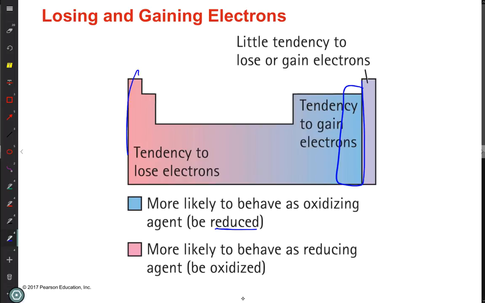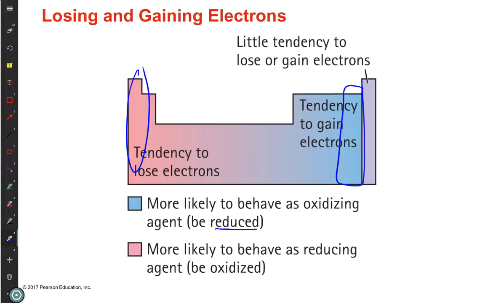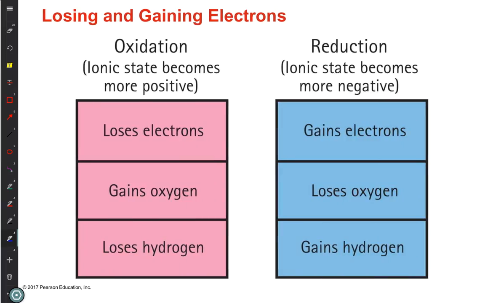The ones over here, they're happy to have a complete shell plus one. So they're happy to give off that plus one electron. So they're happy to be oxidized. These are not the same words, but they're the same outcomes.